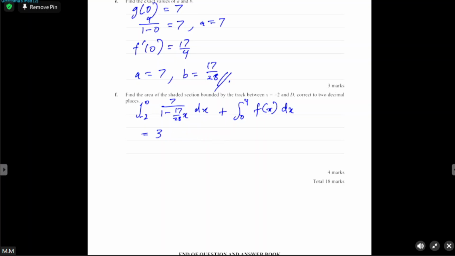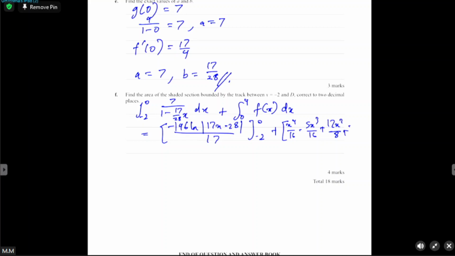So you have to evaluate the integrals and show that you're subtracting. So 196 ln|17x minus 28| on 17 from negative 2 to 0 plus, wow, 16 minus 5x cubed, 16 plus 17x squared from 0 to 4.